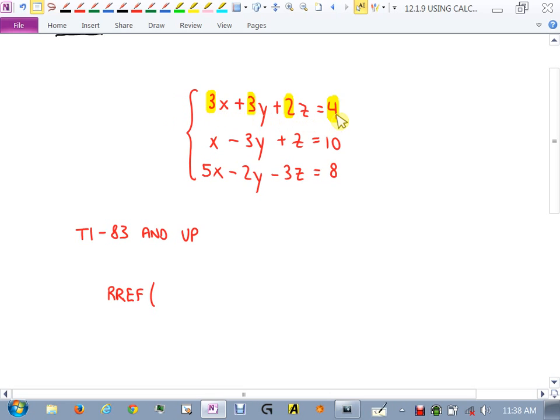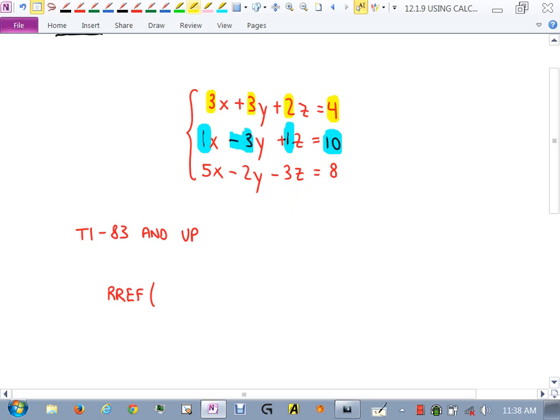And this is the coefficient of the answer, or it is the answer, yes? So I have one row of numbers here in the order x, y, z, answer. The next row of numbers I have is what? 1, -3, 1 again, and then 10, yes?